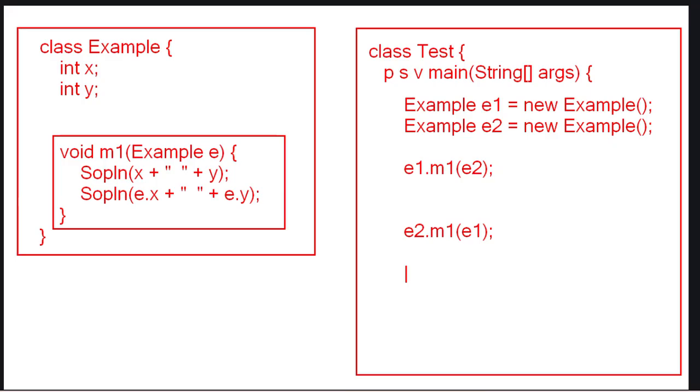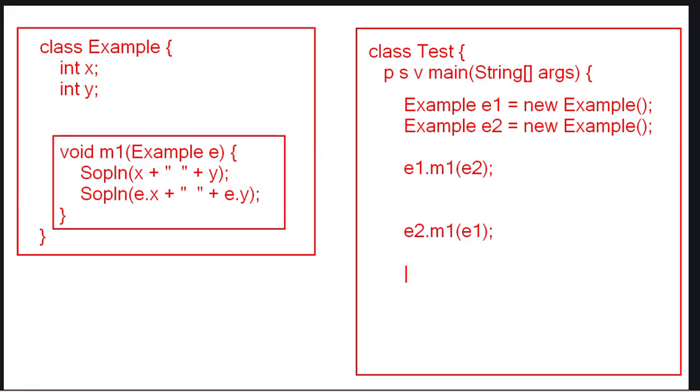Tell me, if you are using a non-static method whose parameter is the same class, you must pass two objects. One object as the current object, another object as the argument object. Then I can call the non-static method. When a non-static method of one class has a parameter type of the same class, I can call that method using two objects. The two objects can be used in any order.